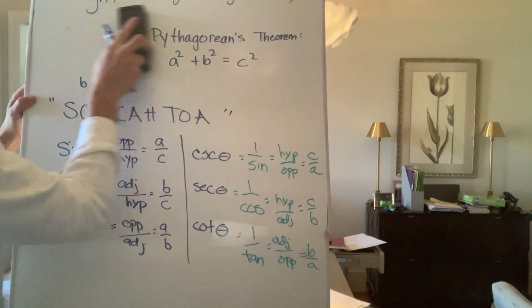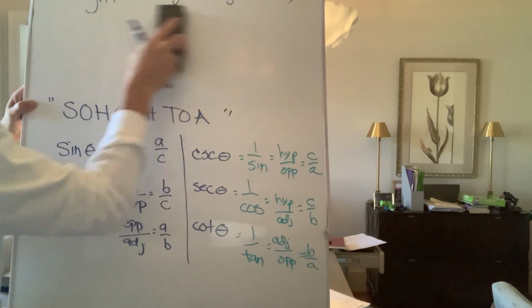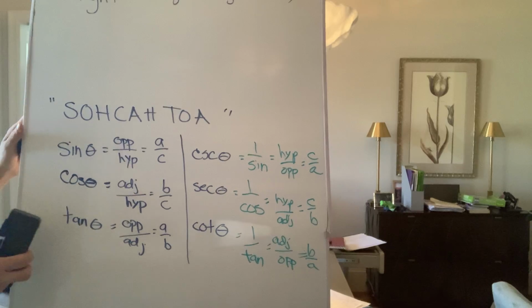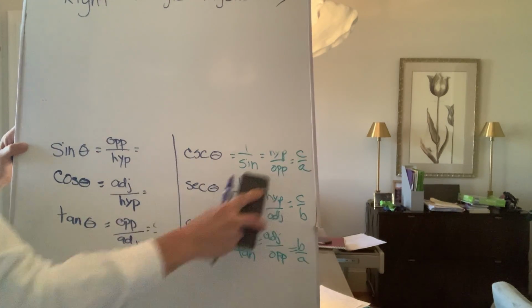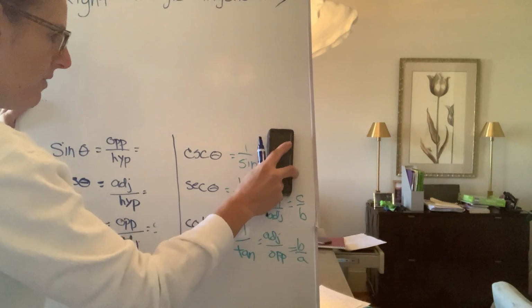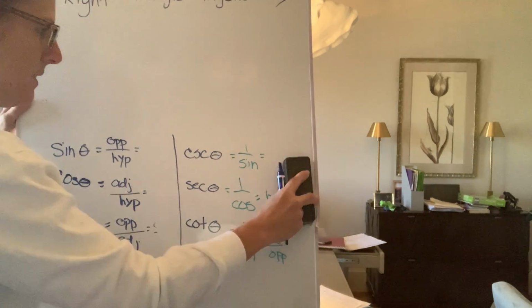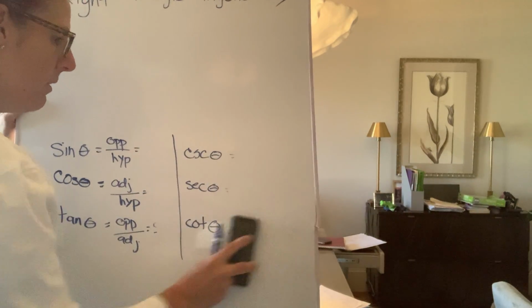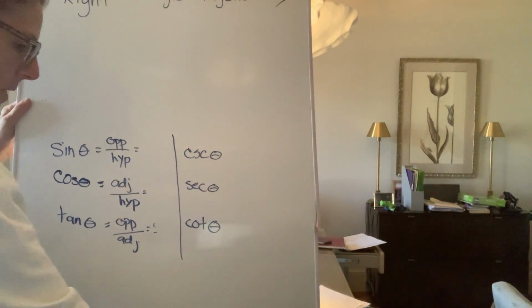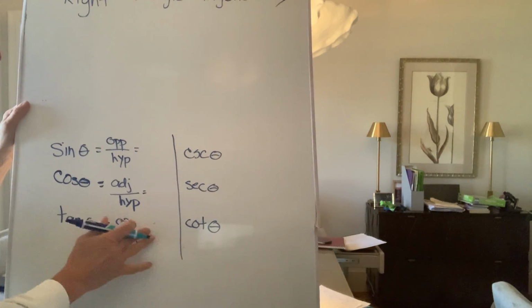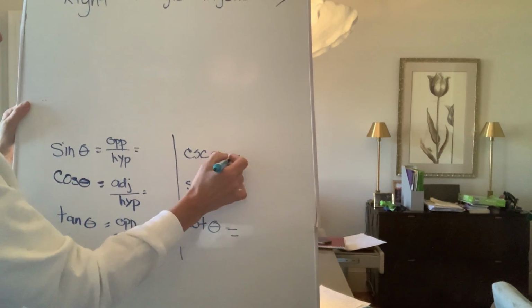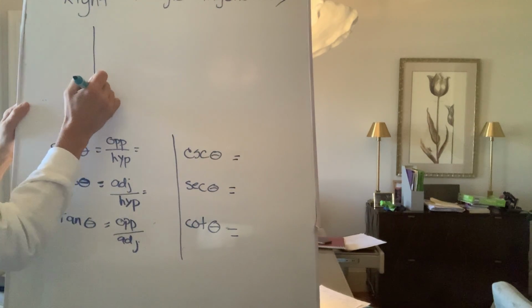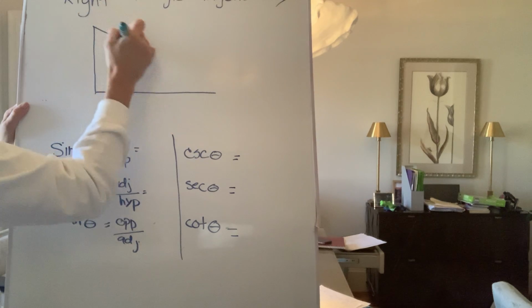Whenever you're finding the cosecant and secants and things like that, we usually leave our answers in simplified radical form and don't change it to a decimal unless we are asked to. So let's look at the 30, 60, 90 degree triangle.